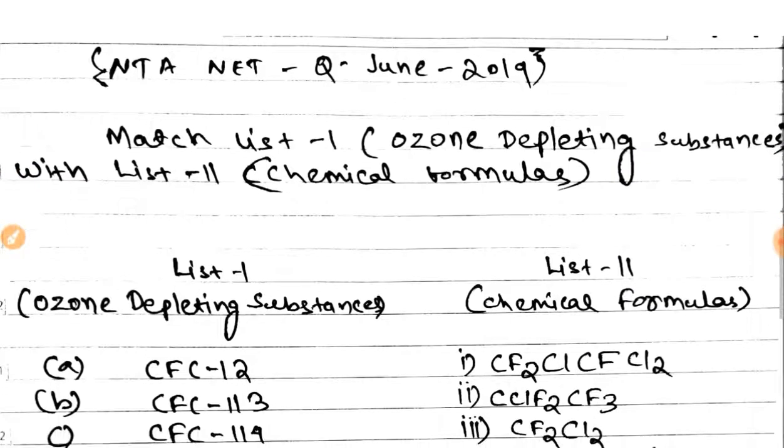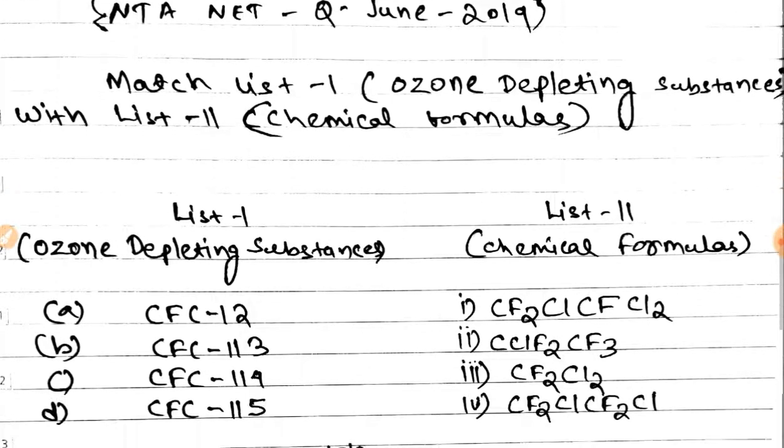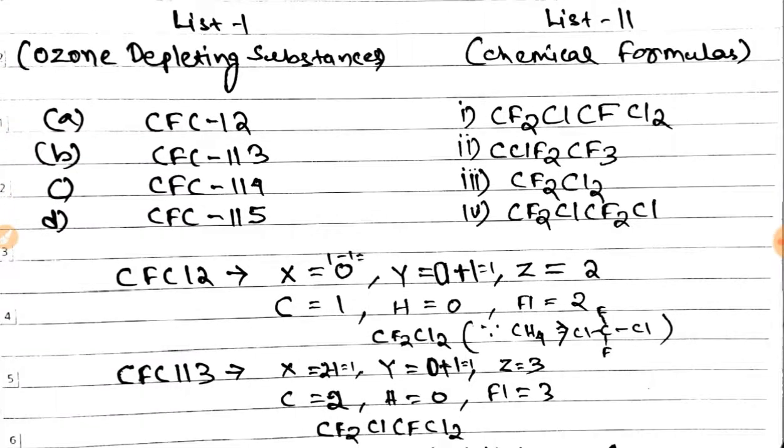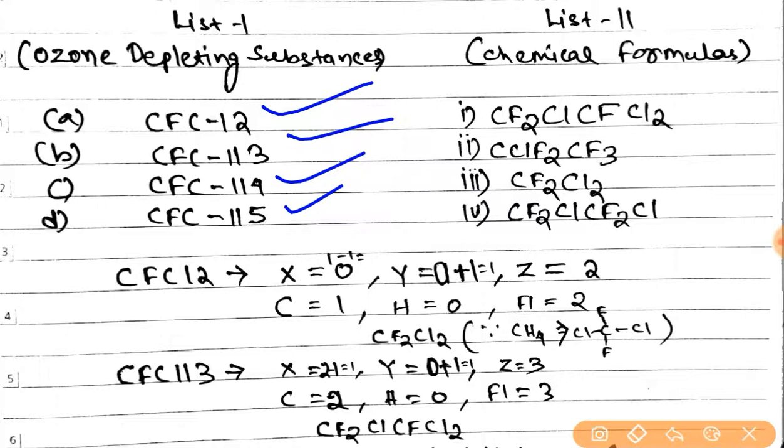Then we will understand one example which was there in NTA UGC NET Environmental Science. Match List 1, ozone depleting substances, with List 2, where the chemical formulas are given. You can see the ozone depleting substances here: CFC 12, CFC 113, CFC 114, CFC 115, and the formulas are given.